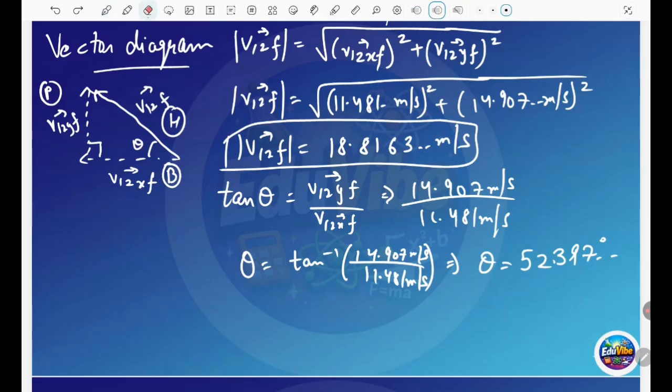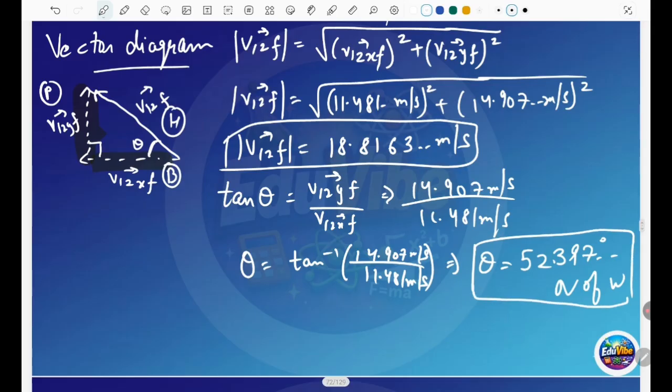So how can we make the direction for this? The direction which is opposite to the theta angle, opposite to this angle, is this direction. This direction always goes first, then we put this direction. So in that case, we have north of west.